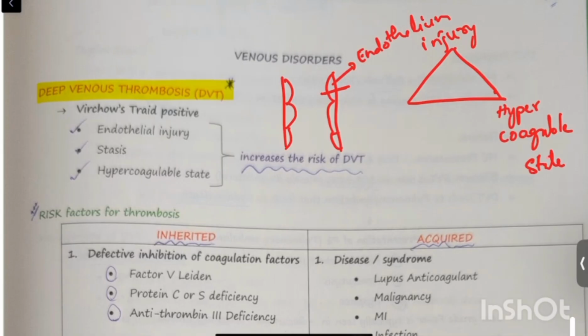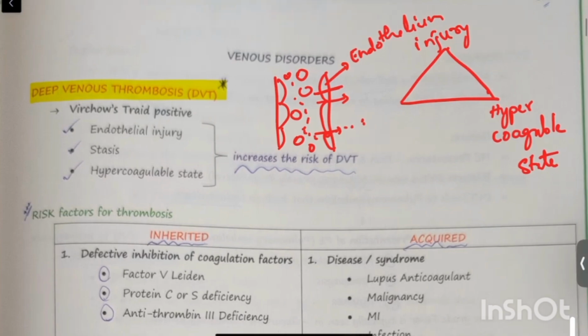Along with this, since the fluid in the blood will leak out, there will be hemoconcentration. The fluid will leak out, so cells will remain and plasma is less. Because of that there is hemoconcentration, and there is stasis because increased viscosity will be there.